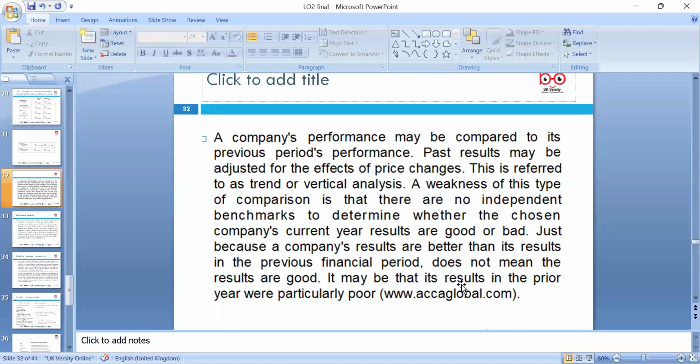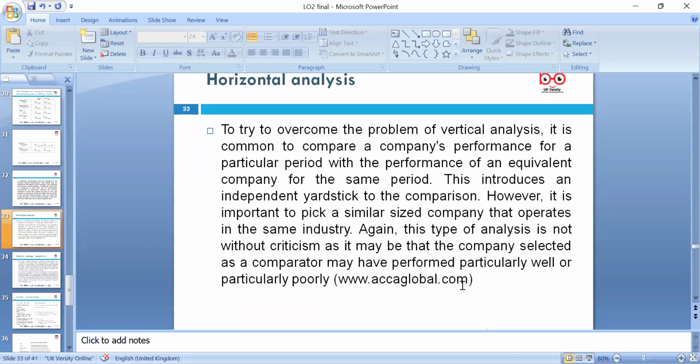We can compare the current and past performance of the company, and I'll give you an example when we do the assignment. Horizontal analysis tries to overcome the problem of vertical analysis. When you're comparing a small company with a big one, always try your best to use the same industry and same size of company, then your comparative figures will be right.